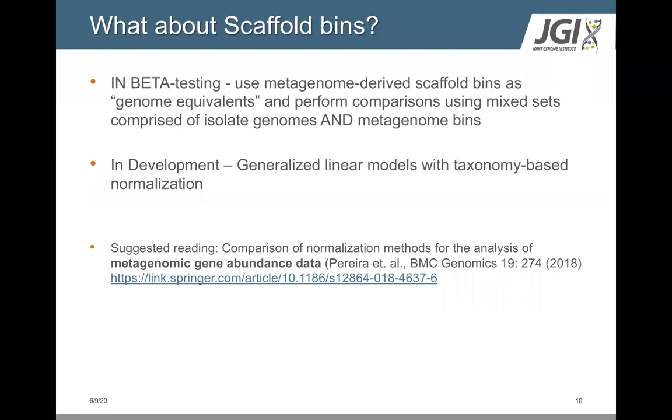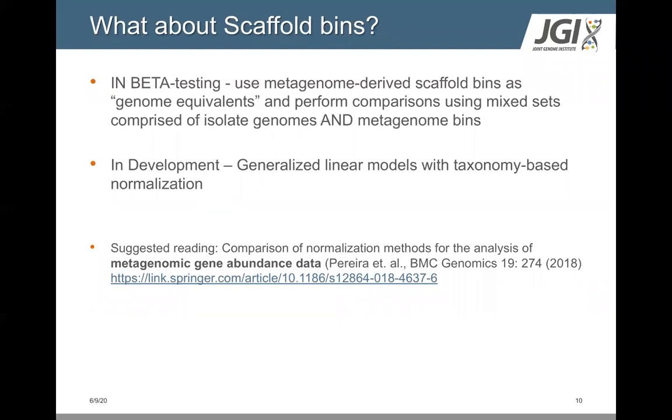Especially now that we have these auto-generated scaffold bins, the next logical thing is this. I also want to mention that we've been working very hard on a bulk download of those, so that is also in the works. But we do have the ability now to use scaffold bins, or in this particular example, perhaps not the automated scaffold bins, but a scaffold set that you would curate yourself, where it's all assigned to a particular taxonomy, and you want to do a comparison based on that.